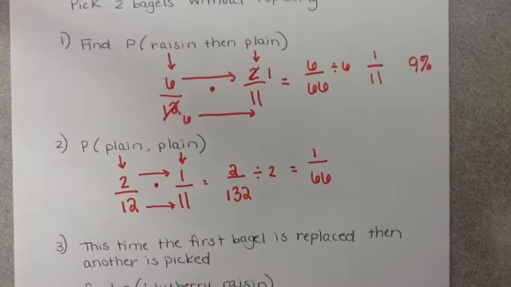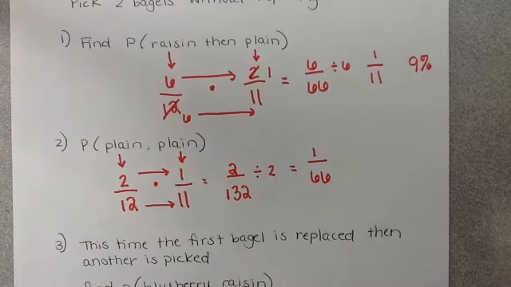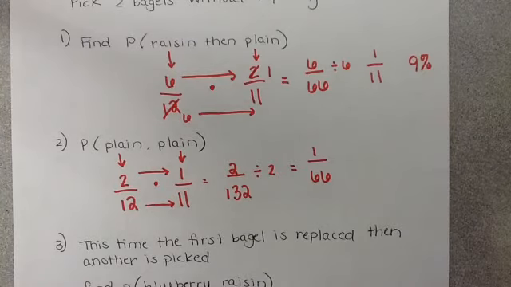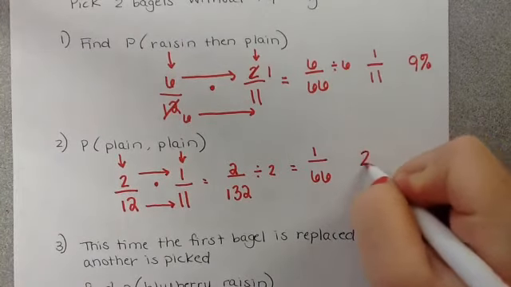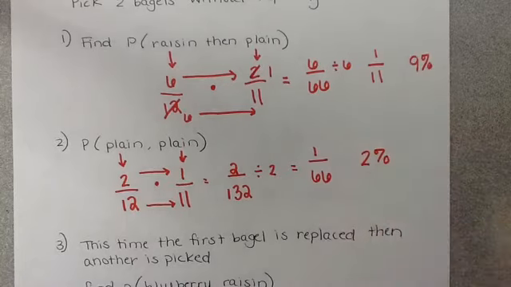There is a 1 out of 66 chance of choosing plain, then plain again. Find that as a percent. 2% chance. So there's a very small chance of randomly going up, closing your eyes, grabbing a plain bagel, then grabbing another plain.